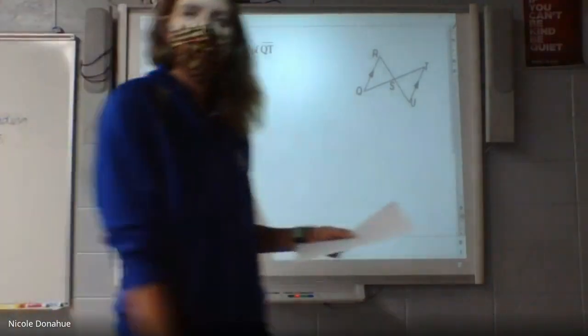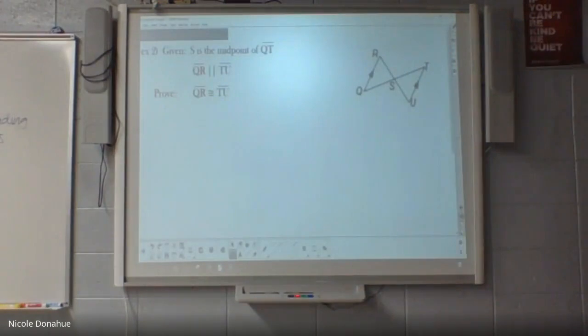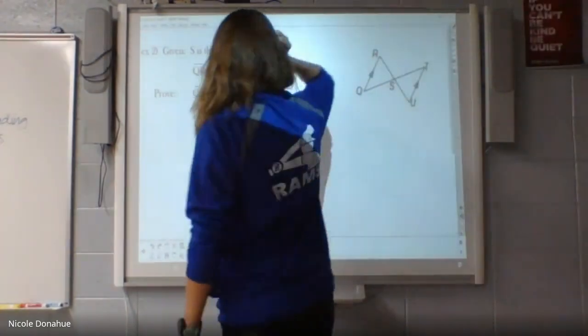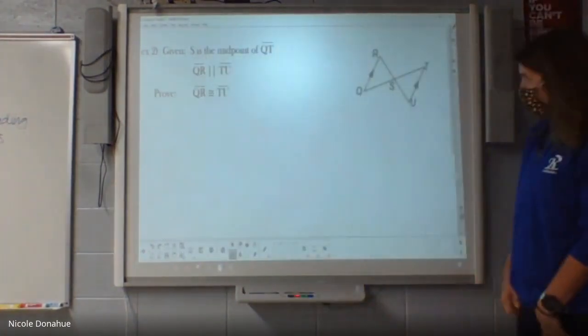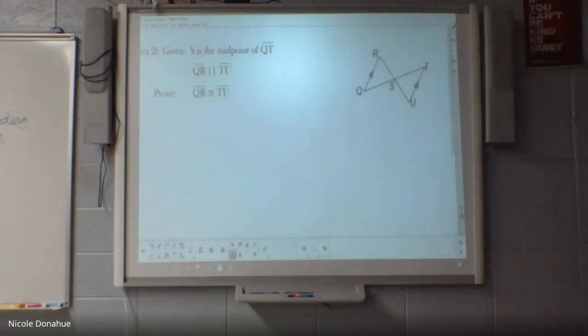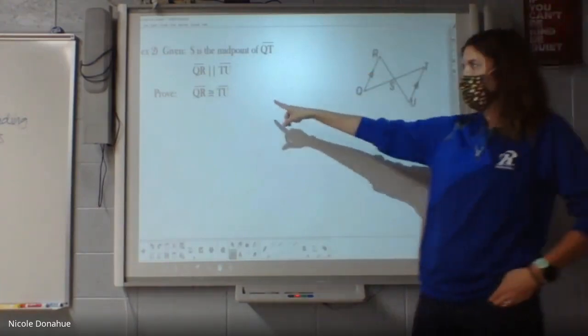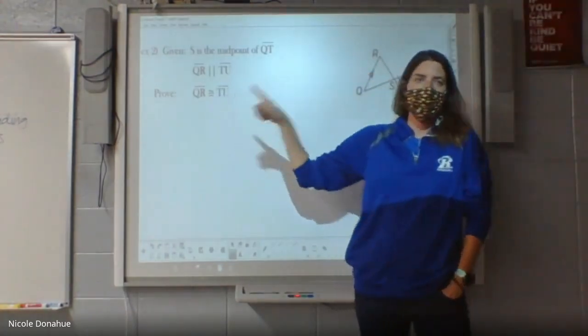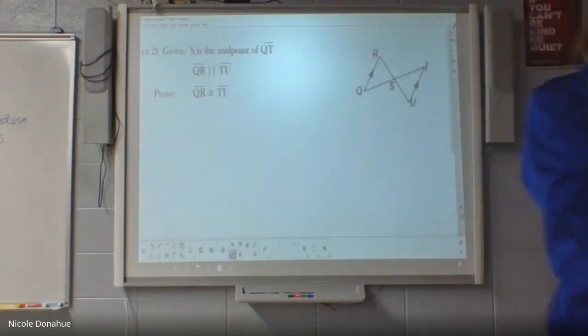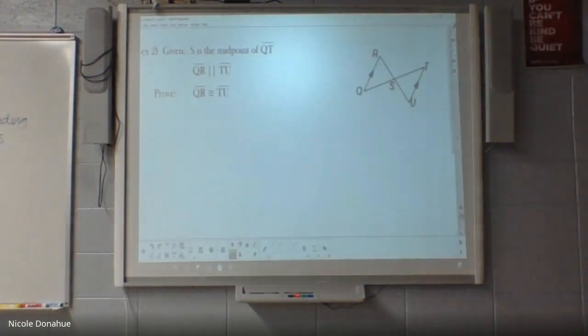All right, so we're going to do a few examples here. Okay, so we'll do two proofs. Now notice in what we're trying to prove this time, we're not trying to prove the triangles are congruent, it doesn't ask for that. That's your clue that you're going to end up using CPCTC.